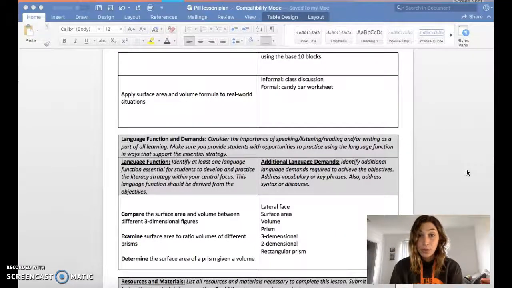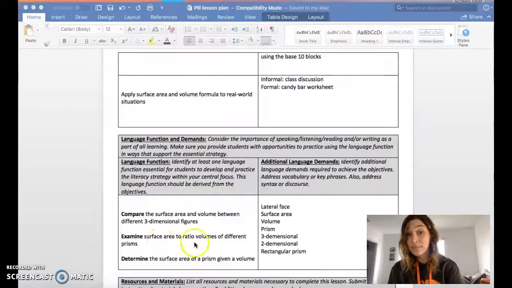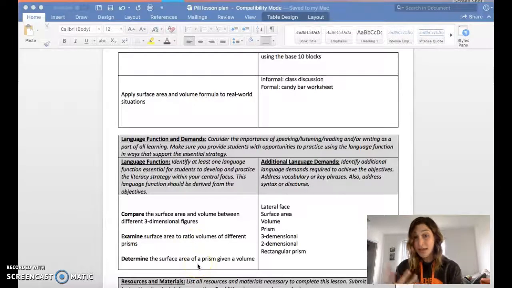So the big thing that students want to learn here, using their language, is to compare the surface area and volume between 3-dimensional figures. They're going to examine the ratios of surface area and volume, and they're going to determine a surface area given a particular volume.